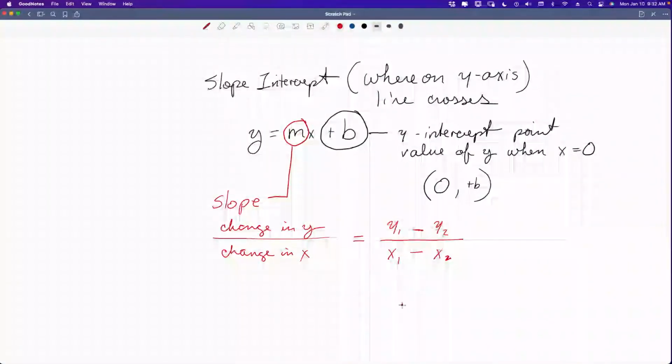That is how you find the slope of the line. That tells you how steep or how level it is. It tells you what that line's angle looks like on the system.